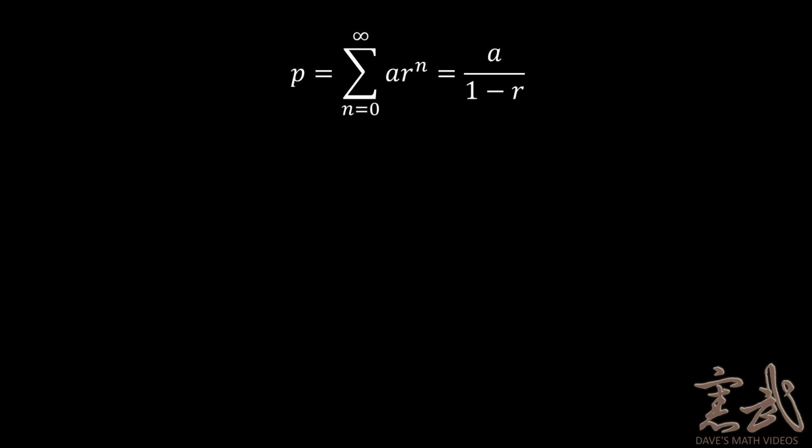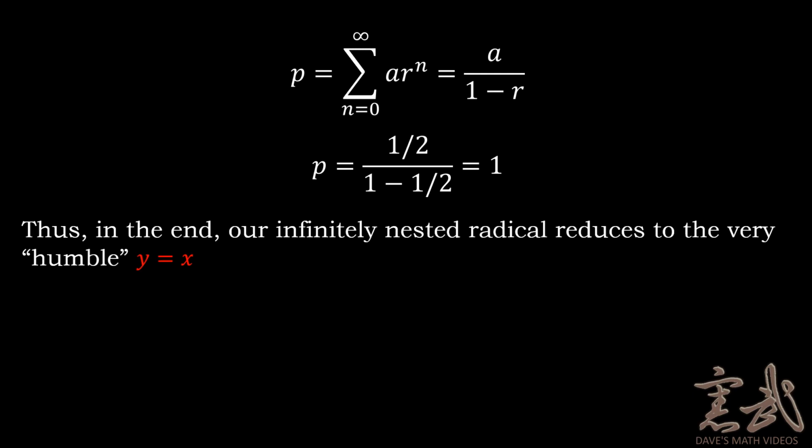It happens to be a relatively simple matter to find the infinite sum of a geometric series. In this case, a is equal to 1/2, and r is also equal to 1/2, meaning that p is equal to 1. Therefore, in the end, this infinitely nested radical reduces to the very humble y equals x.